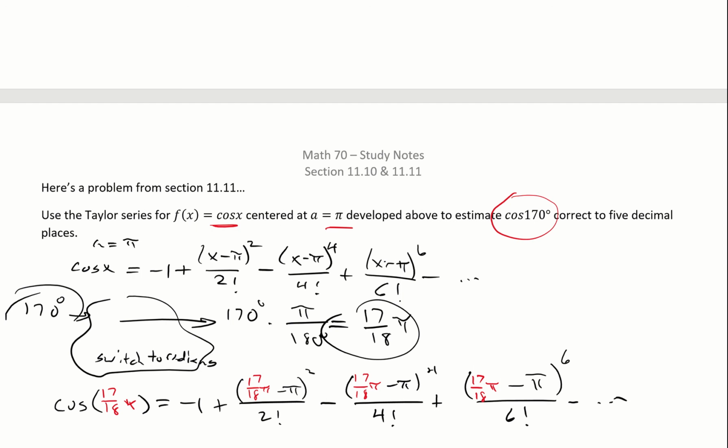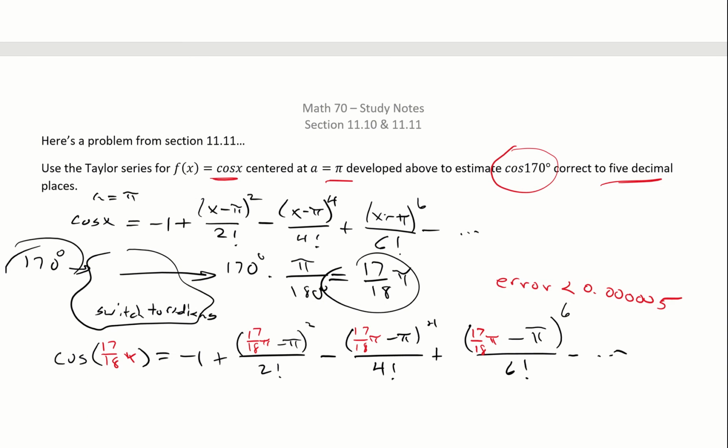Okay, so we are going to approximate this guy, and it's an alternating series, notice. So we want the error less than, where did they say, 5 decimal places? So 0.000005. And of course, now here's the thing for you guys as you're doing your work. Our answer, cosine of 170 or 17/18 pi, what I do first is the math in the parentheses.